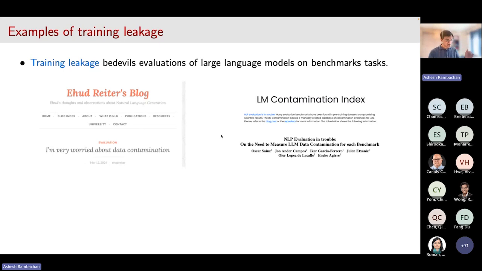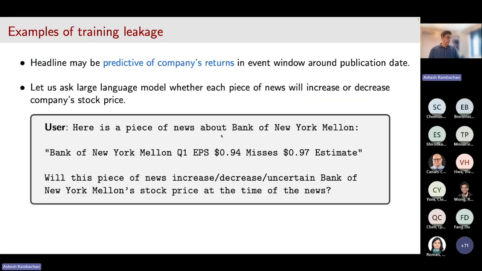In particular, if you just Google training leakage, natural language processing, you will find many blog posts of NLP researchers having a lot of heartburn about this problem. How exactly do you interpret benchmark evaluations if large language models have been trained on the questions in the benchmark? You can also show, so we did a little exercise based on this headlines data set, and some other researchers, Supratim Sarkar and Kian Vafa, in a related financial news headlines data set, show that this is also a problem in economics applications as well.